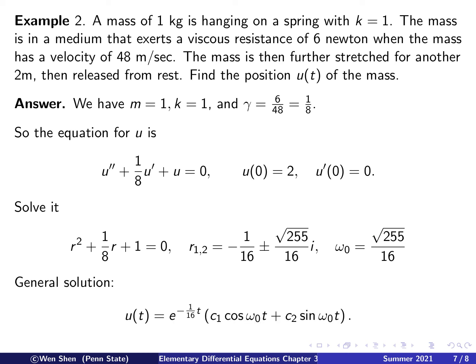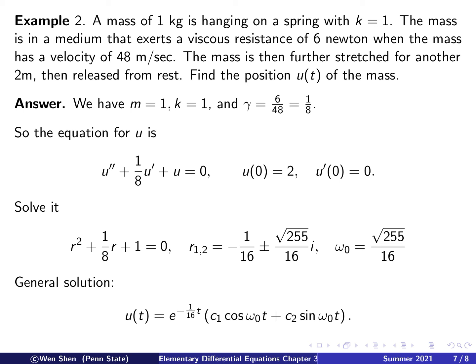Okay, then we can write out the general solution, which is an exponential function of the real part of the solution, e to the -1/16 t, times a linear combination of the sine and cosine functions with omega naught t in the argument. So it's c1 cosine omega naught t plus c2 sine omega naught t.